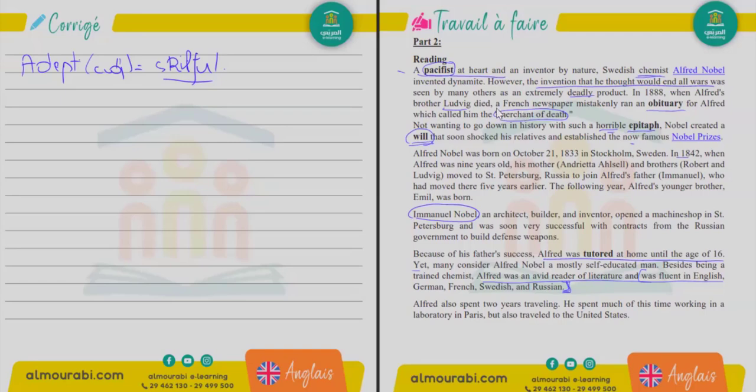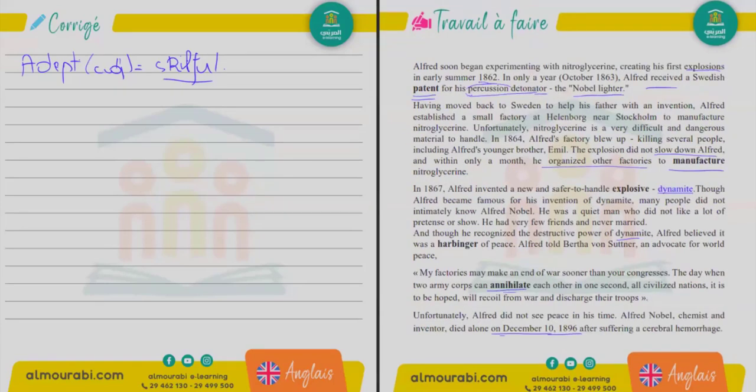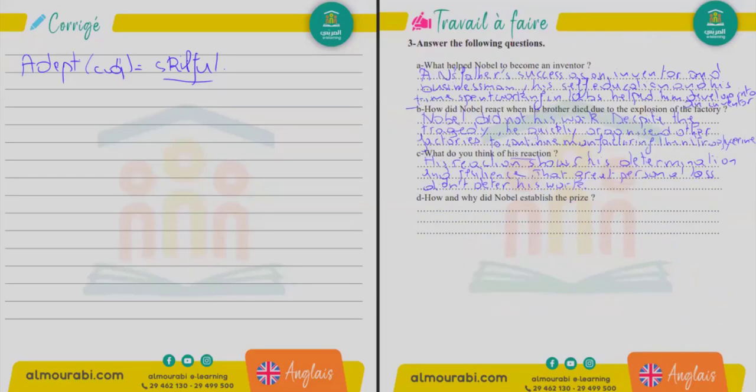That's evident here, as we said: to that French newspaper, the obituary that says he's a merchant of death. So the establishment of that prize was a reaction to that obituary. He didn't want people to remember him as a merchant of death. As simple as that. He wanted simply to show his good intentions.